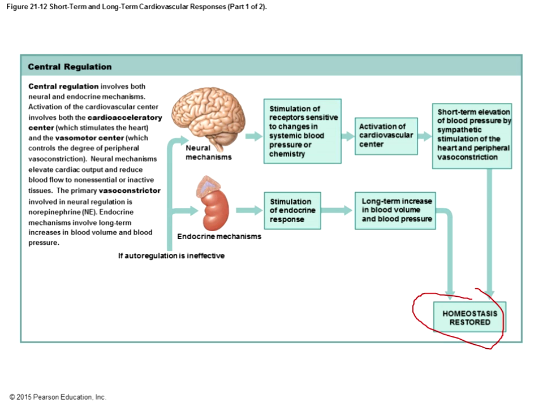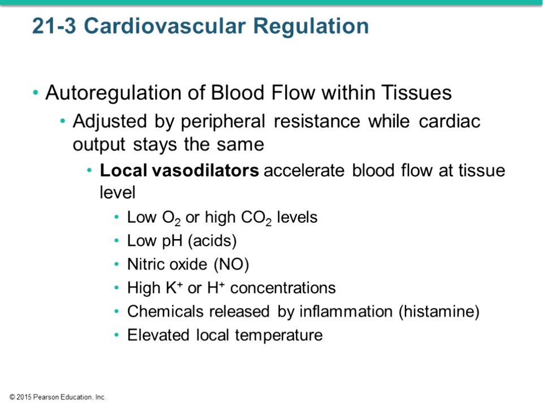So we have, for instance, the cardiovascular center, which is going to stimulate heart rate, and the vasomotor center, they're going to regulate vasoconstriction. These things can all help your body adapt when you have a changing environment and get back to homeostasis in terms of blood flow to a certain area.